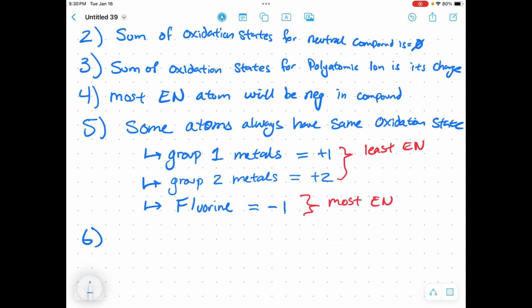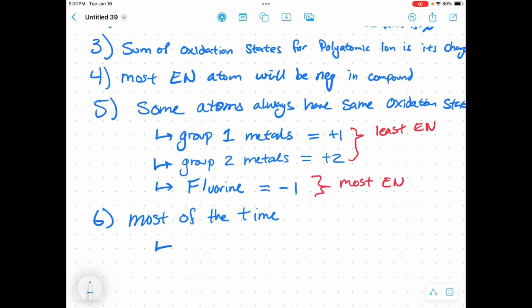And then number 6 is going to be for most of the time there's going to be certain oxidation numbers for oxygen, hydrogen, and chlorine. So for most of the time, oxygen will have an oxidation state of -2 because it wants 2 more electrons when it bonds. Only exception is when you have peroxides, so something like H2O2.